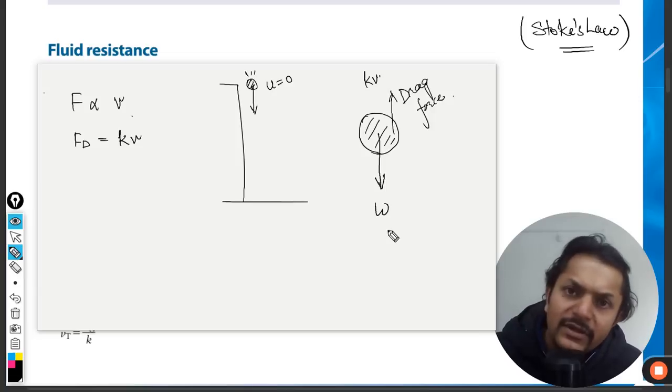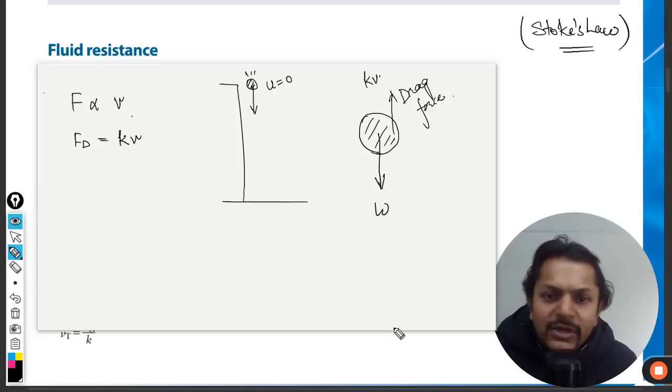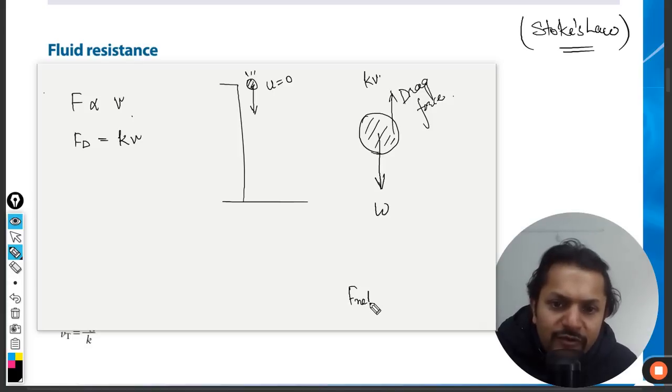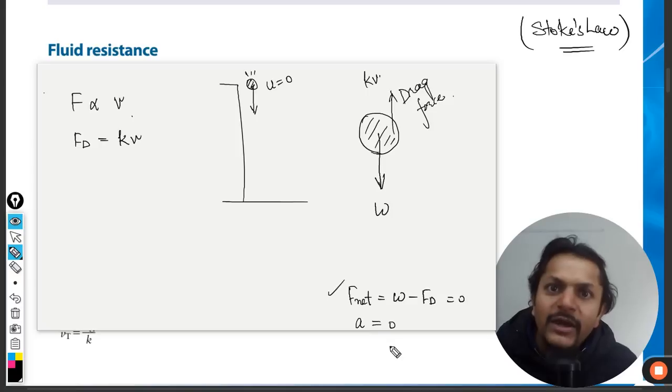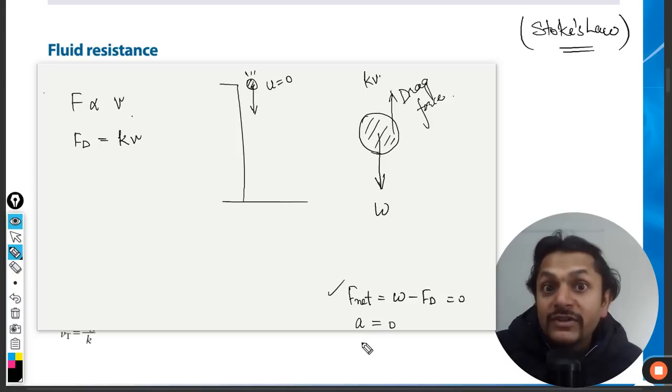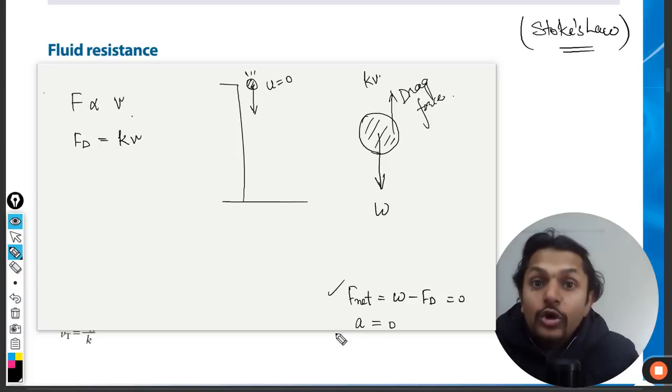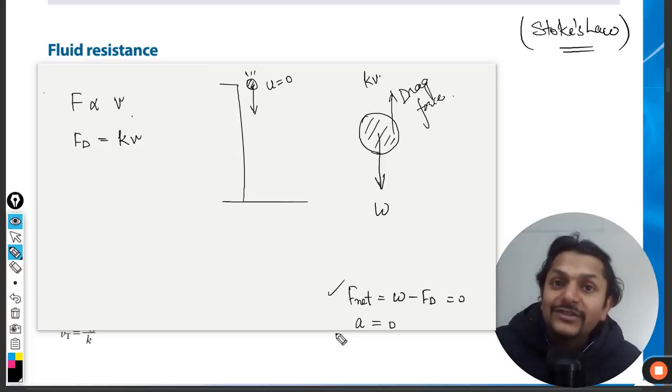Now at that time, the net force which was acting on the body earlier becomes equal to zero, and thereby the acceleration of the body becomes zero, and we can say that now it is moving with a constant velocity, because it no longer has an acceleration.